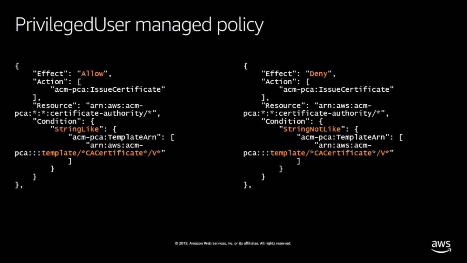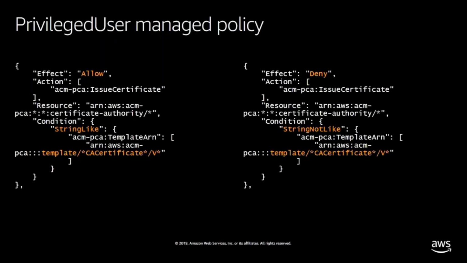That's the template for issuing subordinate or root CA certificates. So what this policy says is allow the user that's assigned this policy to issue certificates that are CA certificates.